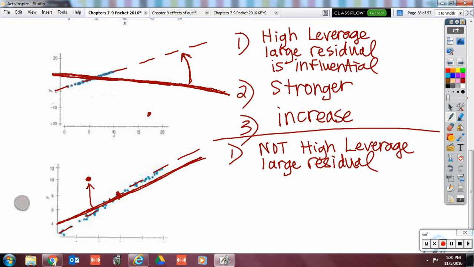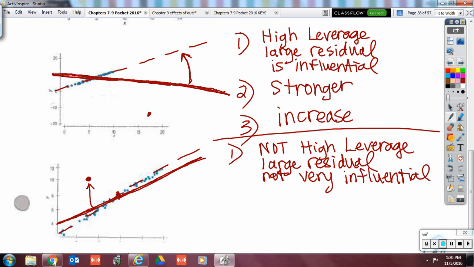And again, how much does it change? I think that it's not huge. I wouldn't consider that, say, more than 2 standard deviations of the slope. It's not a huge change. So I really don't think it is very influential. It's changing it slightly, but not very much.